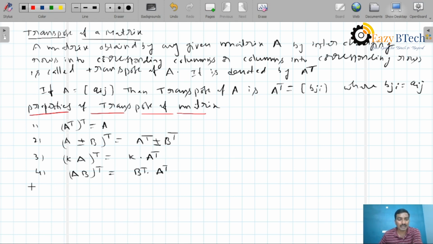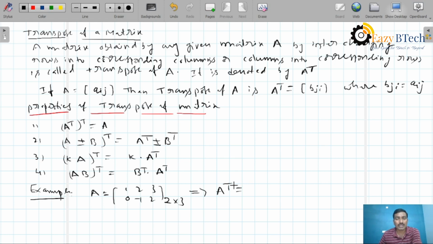Let us see an example on this topic. A equals 1, 2, 3; 0, minus 1, 2. This is a 2 by 3 matrix. It contains 2 rows and 3 columns. Now, what is the definition of A transpose? Interchange rows into corresponding columns.